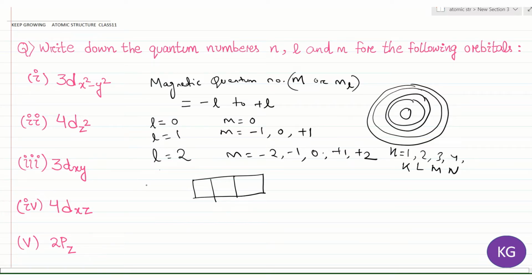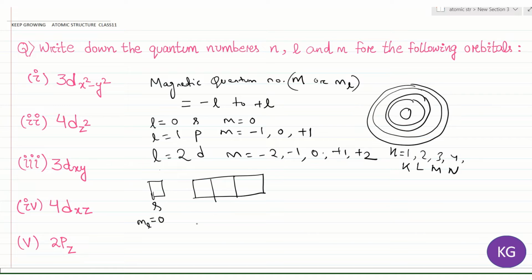For l equal to 0 means this is an s orbital, this is p and this is d orbital, right? So for the s orbital, the m value, the magnetic quantum number value, is 0.